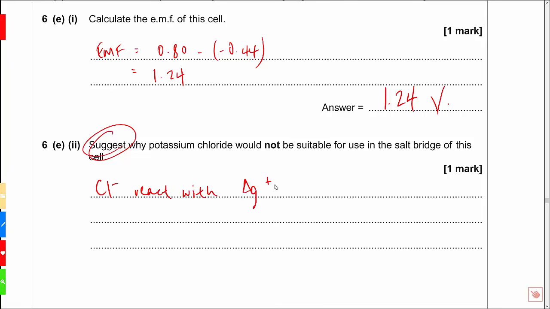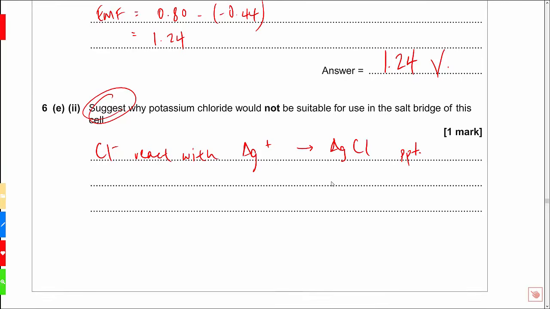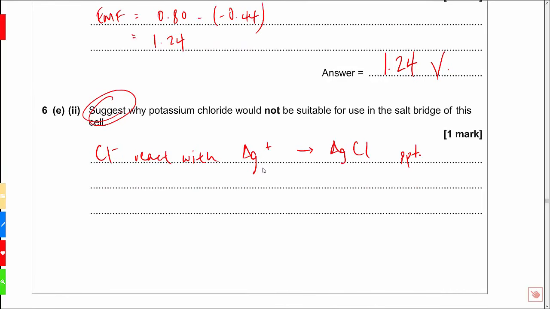So those chloride ions would react with Ag+ to produce AgCl precipitate, which we don't want. It's just going to mess things up. We want the ionic substance within our salt bridge to be completely not taking part in that reaction. It's only to allow the ions to flow and to complete the circuit.